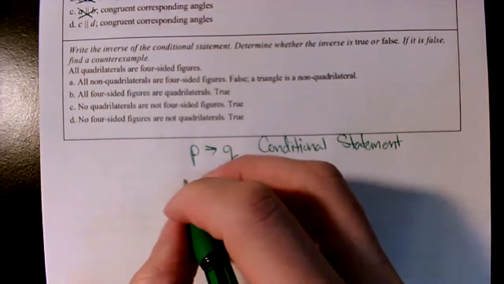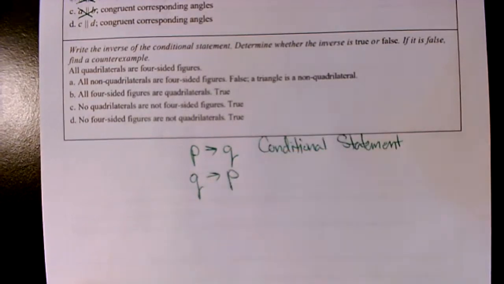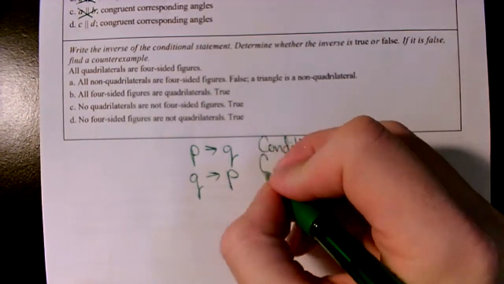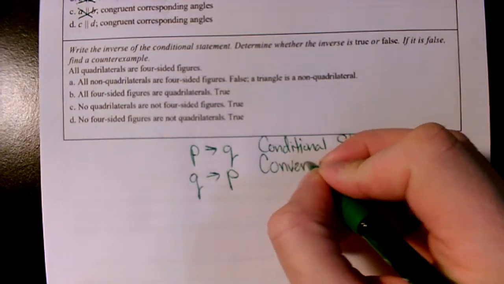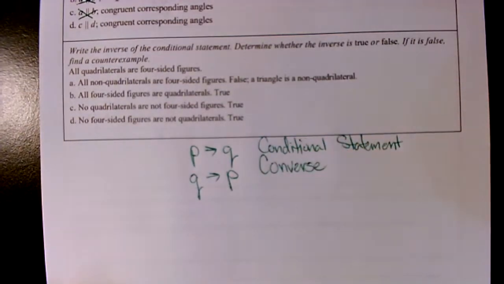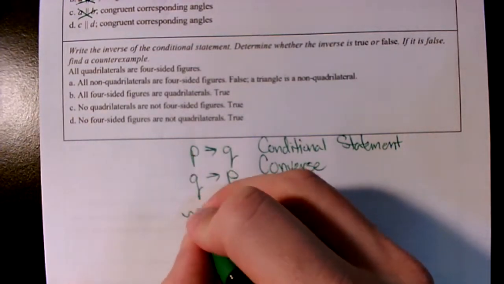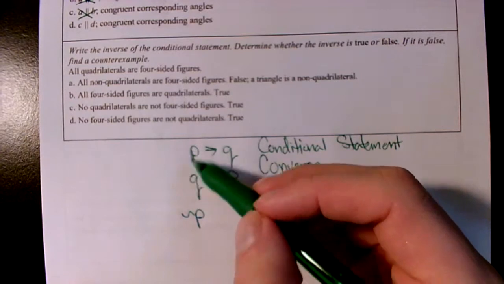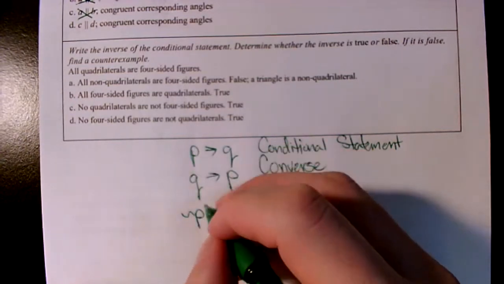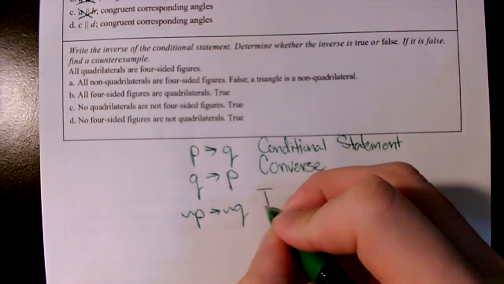If I were to switch it, that would be the converse. If I were to take the original and negate each part, which means throw the word not in front of it, so if not P, then not Q, that's the inverse.